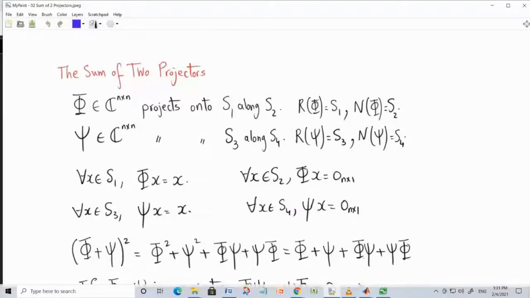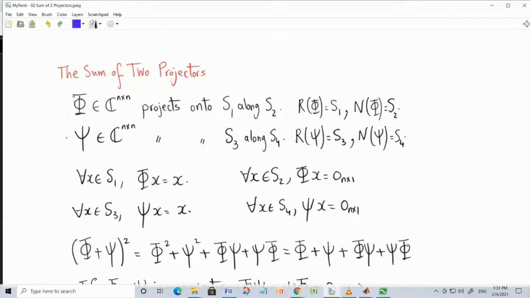Suppose you have two projectors, and those projectors may be orthogonal projectors, but not necessarily. They may be just general projectors. In other words, it may be the case that the range and null space of each of these two matrices intersect only in the zero vector, without necessarily being orthogonal to one another.